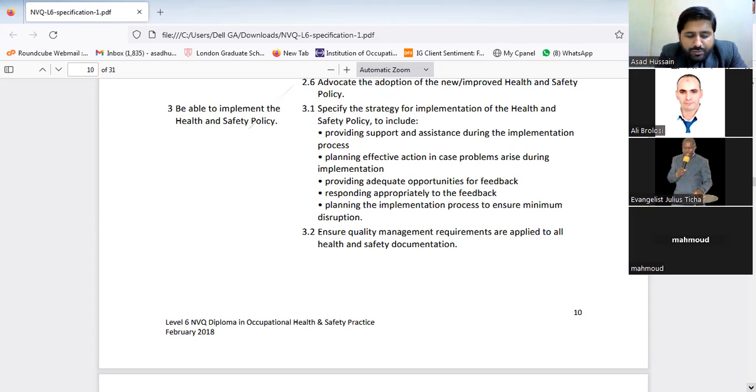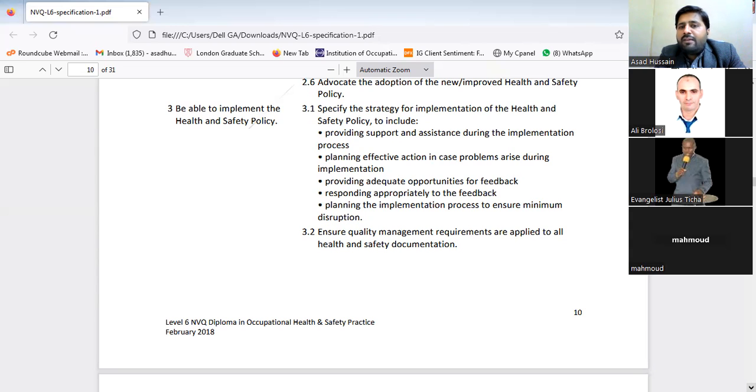So here, every point it is discussing is self-explanatory. For example, providing support and assistance during the implementation process. You have to explain here that you are going to implement the newer version of the health and safety policy. Whatever your role, whether you are a safety manager or safety advisor, you have to explain how you will support and assist in the implementation process.